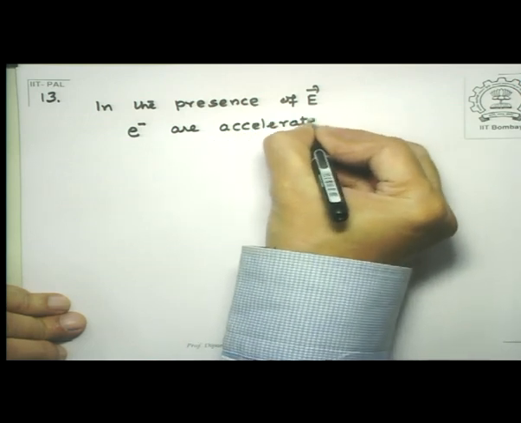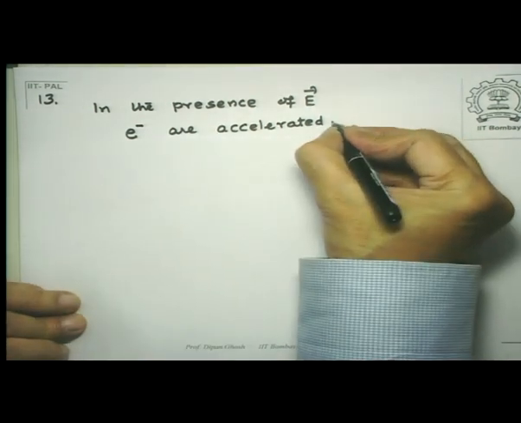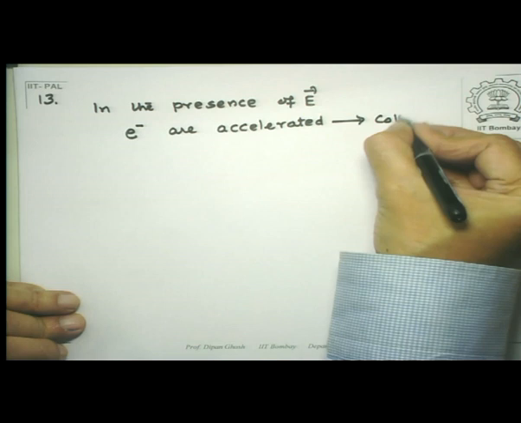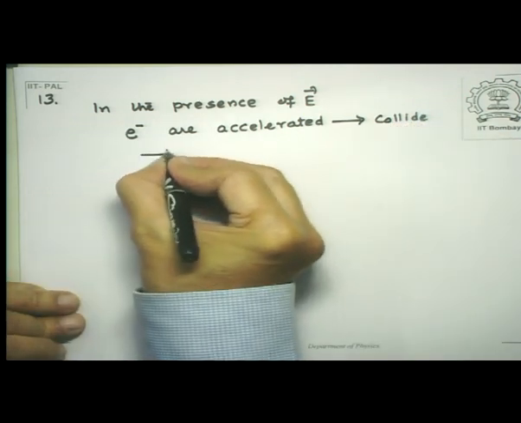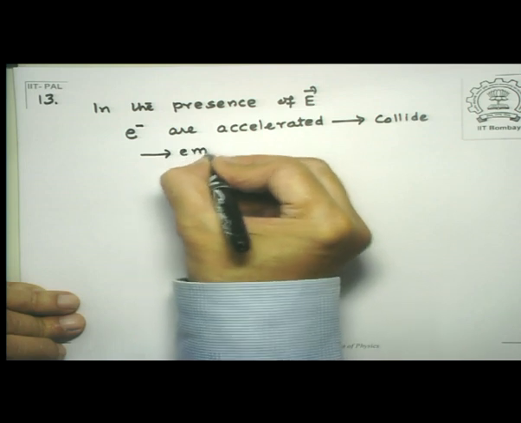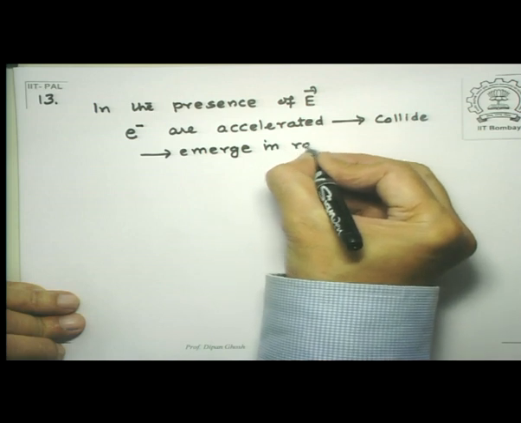But because the sample is full of atoms which are static, they collide. After collision, they emerge with velocity direction changed.